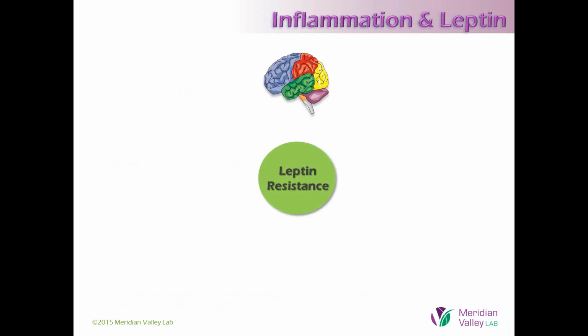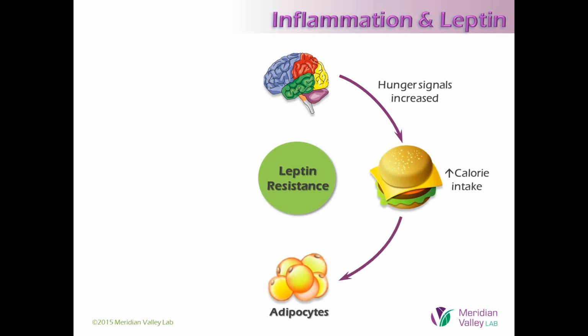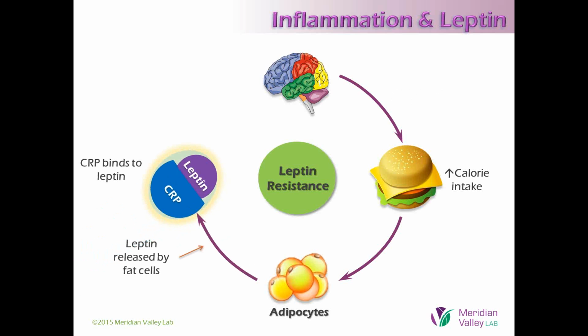So back to our diagram. Again, we have ghrelin coming in to tell us that we're hungry, and we consume our meal. But in this case, we're talking about a person with a large amount of adipose tissue. And when that leptin is released, it's going to bind with C-reactive protein.